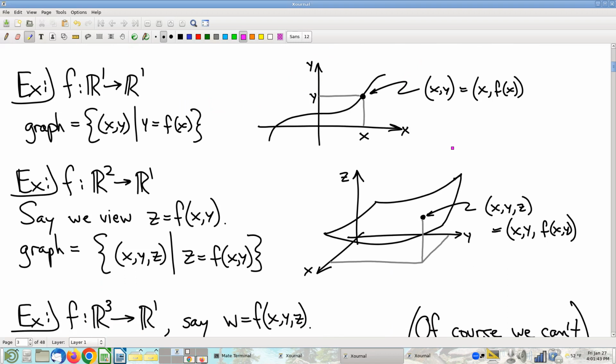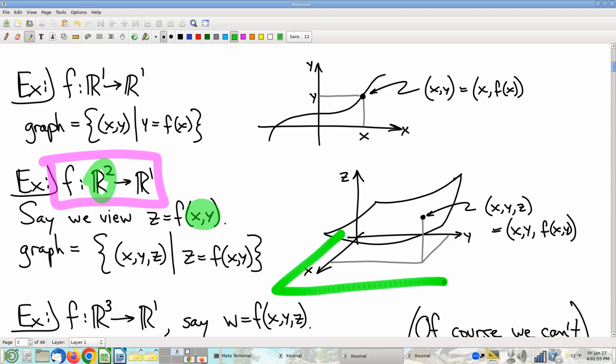So here's an example, a function from R2 to R1. We have two input variables, so we're going to have two input coordinates, x and y, so you can think of our input space, loosely speaking, as your xy plane down here, right? For any input value, you get one output value. We'll call that z. We'll put a z-axis over here as well.